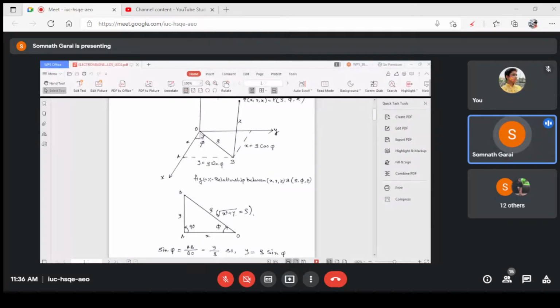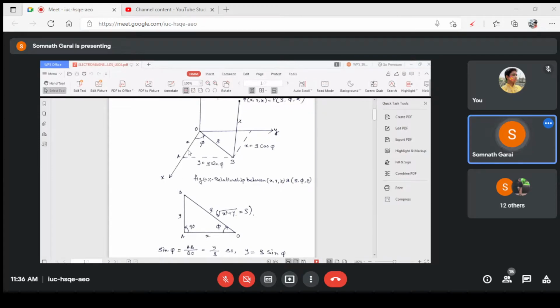Now just redraw this triangle, that is OAB. As we know, it is an orthogonal system, so the angle between two coordinates is 90 degrees.